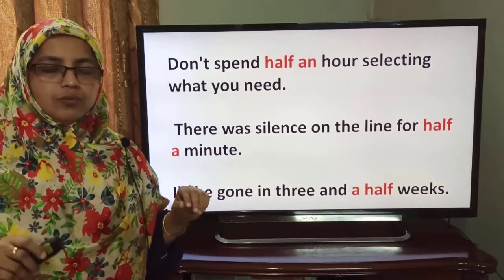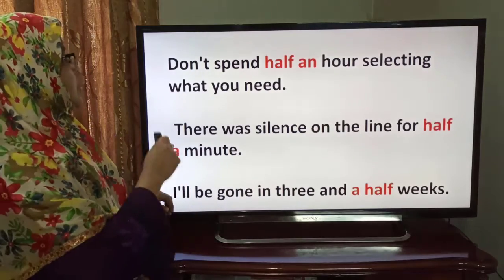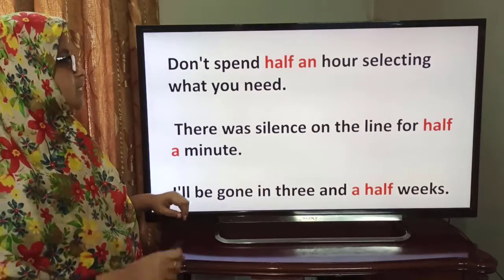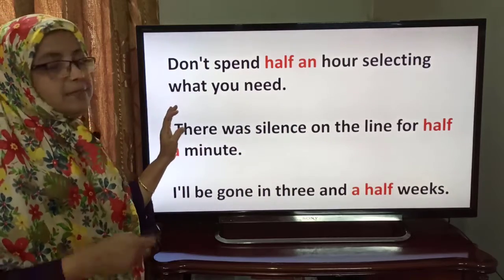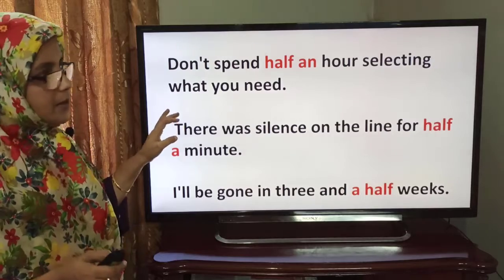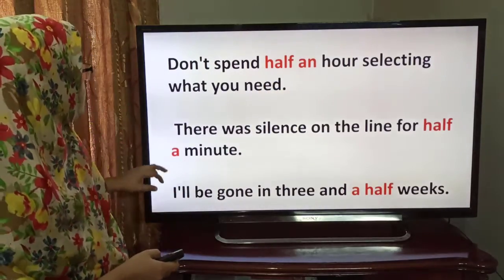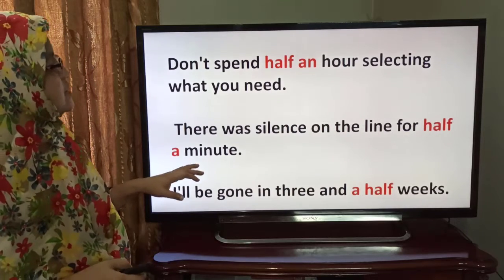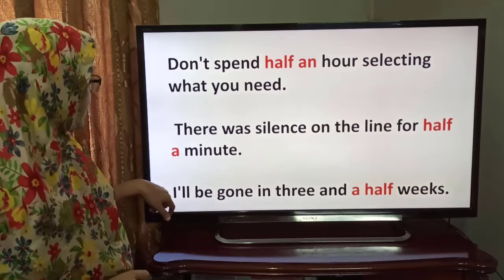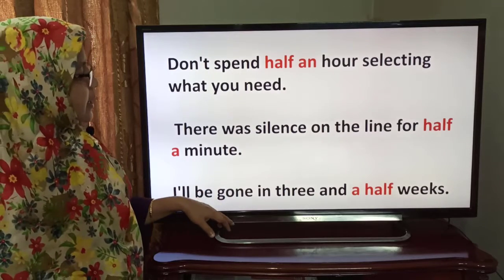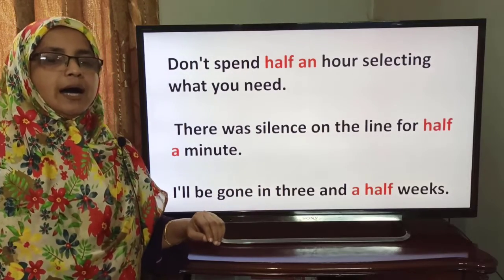Just note down, write down what you need. That is half an hour, and that is the article we have to use here. Then see another example. There was silence on the line for half a minute. I will be gone for two and a half weeks. In this case we use a.